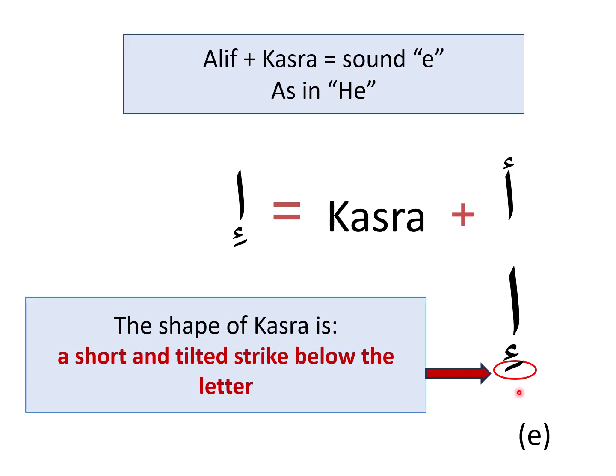The sign of the kasra is a short and tilted strike, tilted down to the lower left side, and it is written below the letter. So Alif plus kasra equals E. Alif plus fatha equals A. Those are the first two sounds we got from the same letter Alif.